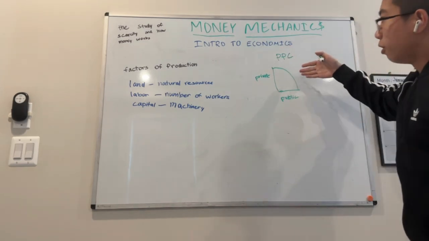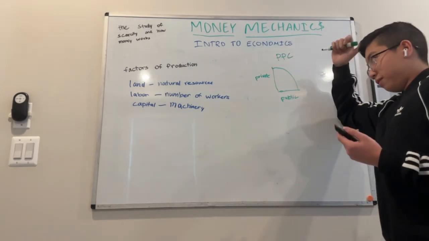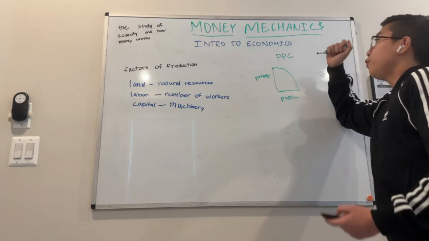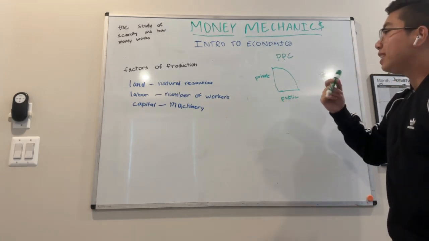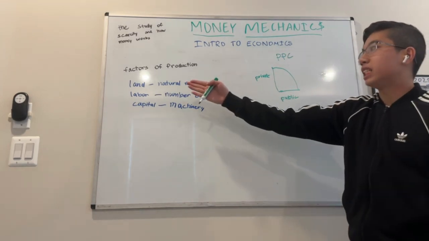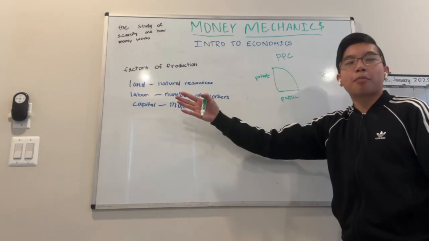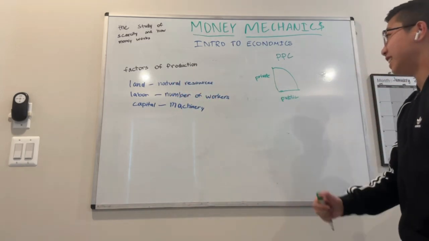It is a slope. If you're on the PPC, it means your country is maximizing the land, labor, and capital to its fullest abilities.